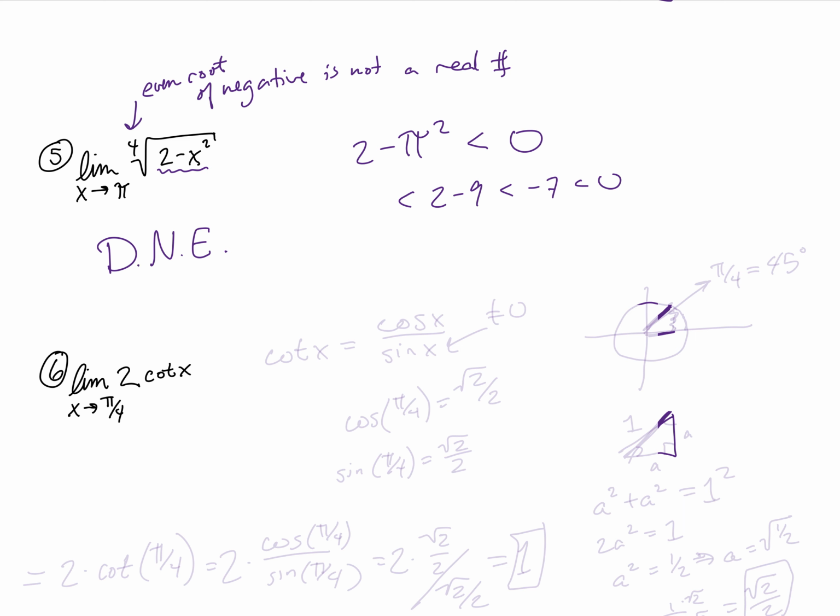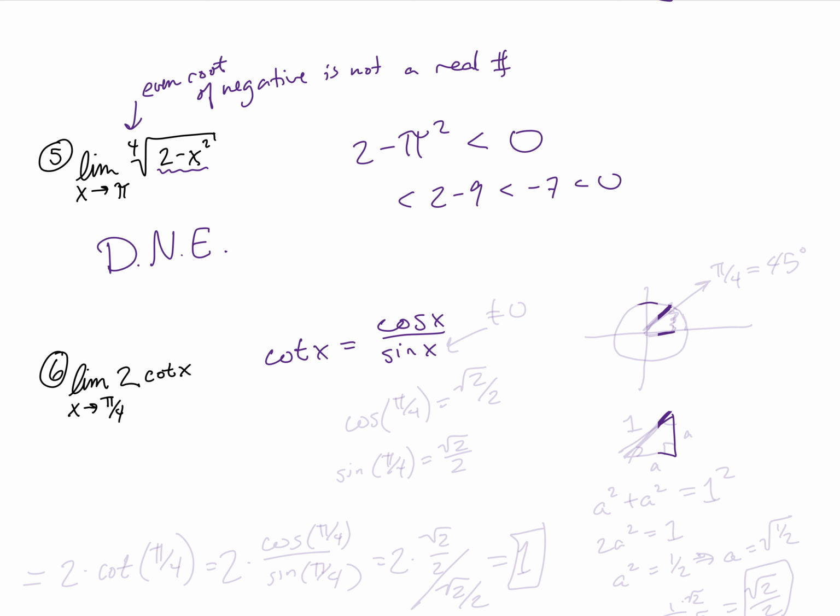And finally, we've got the limit as x goes to pi over 4 of 2 cotangent of x. So cotangent of x is cosine of x over sine of x. What is cosine of x? What is sine of x?